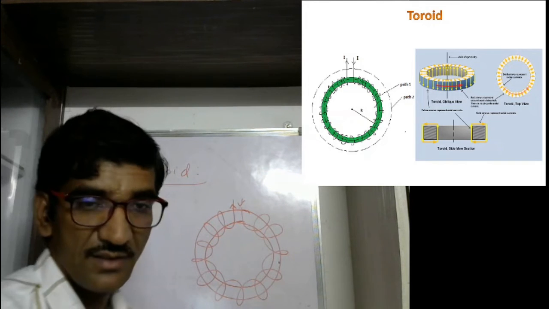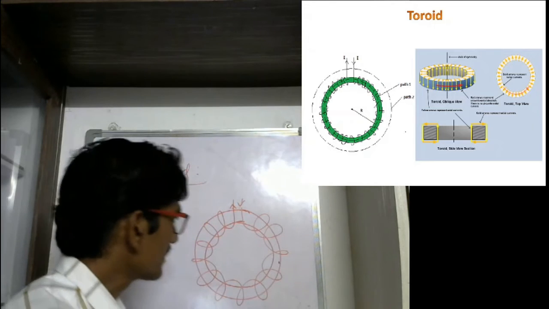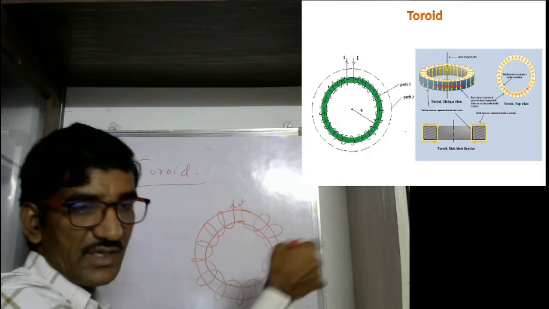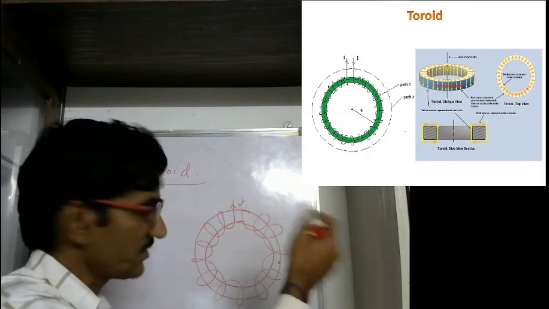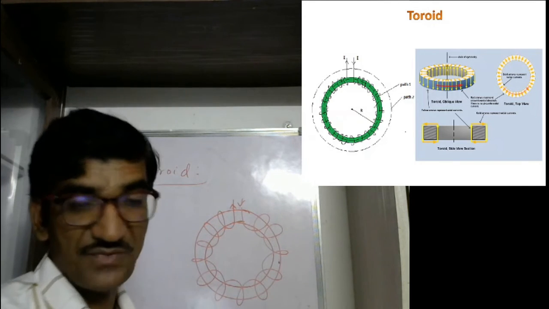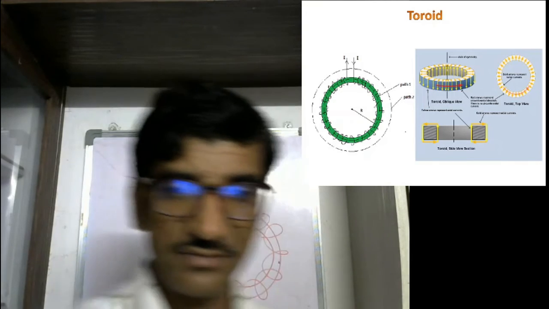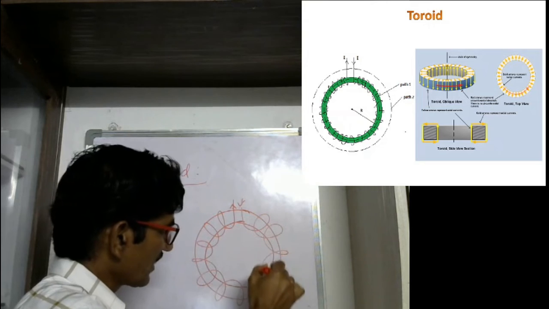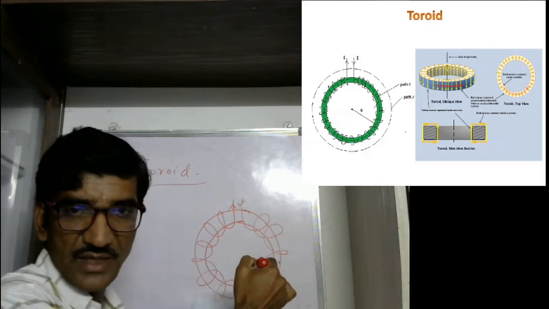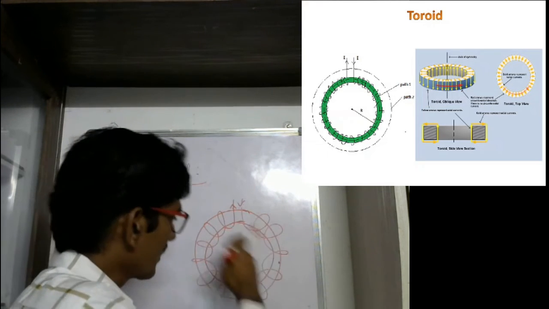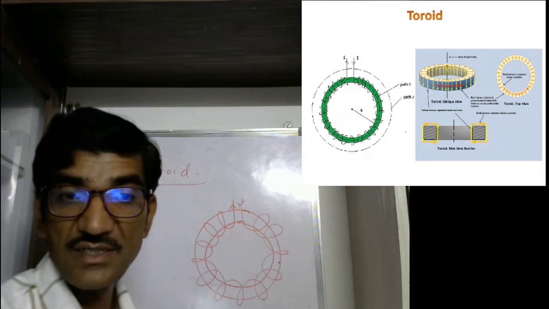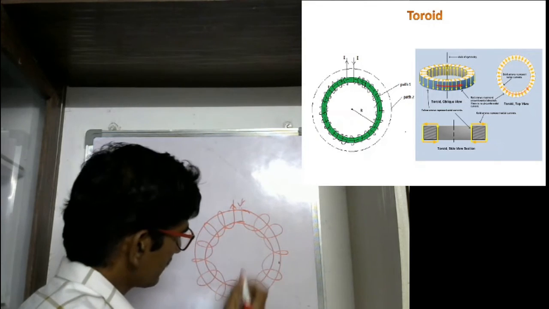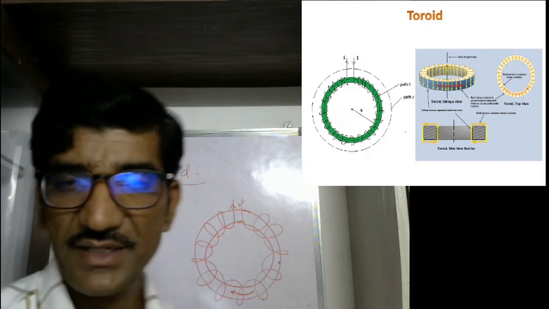The current is not just flowing like this. In the meantime, it is taking so many rotations. That is the complexity of the problem. The overall direction will be like this. Your current is flowing like this, or like this if you change the direction. The overall direction will be like this, the direction of current flow.